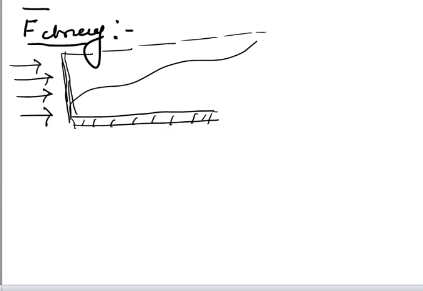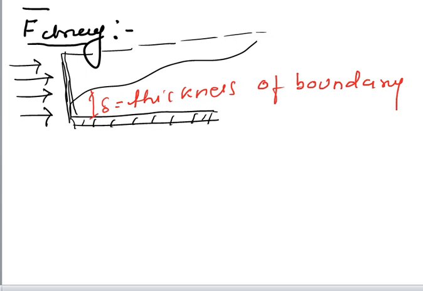And this is the thickness delta, the thickness of the boundary layer. For a clear understanding of the basics, prefer fluid mechanics.